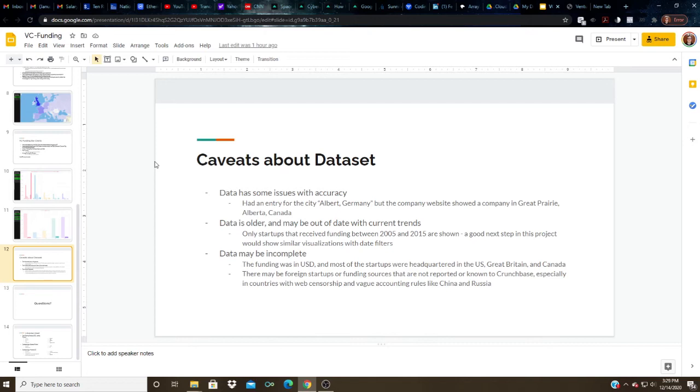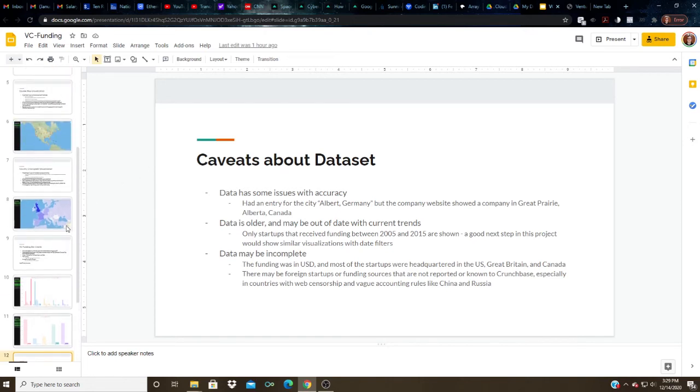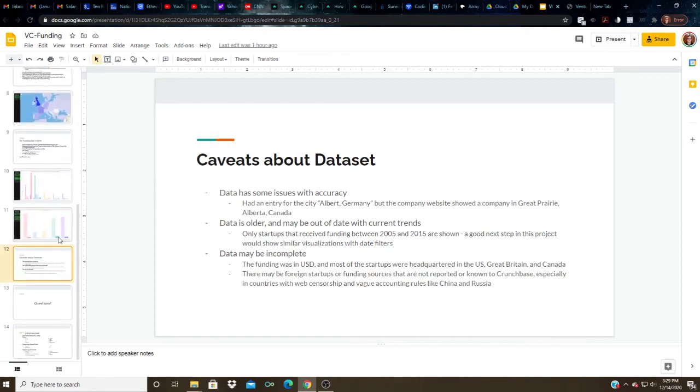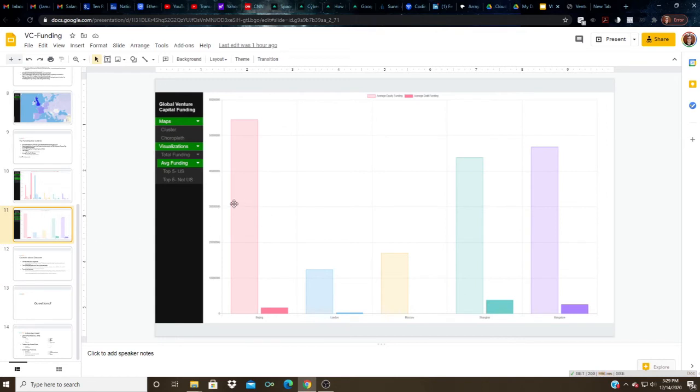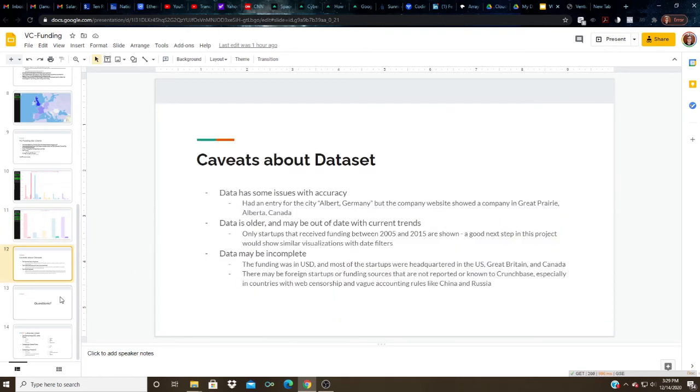So in this case, it could be that there are smaller startups that get internal funding, and then maybe if they get to a certain level, especially given the data back here, where it shows the average funding being higher for China, that it would show that maybe once they grow to a certain size, they need to get foreign funding, or they can start looking for foreign funding.